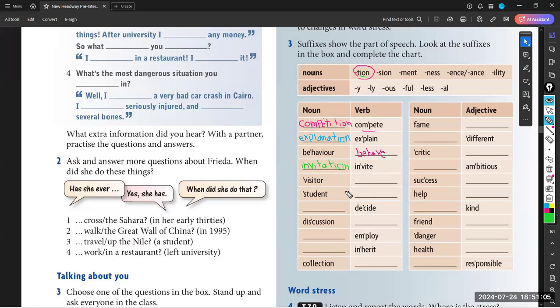Okay, now we have visitor as a noun. The verb is what? Visit. Thank you so much. Now I added OR. Okay, we have a student. The verb is study. Thank you so much. Exactly. Study.